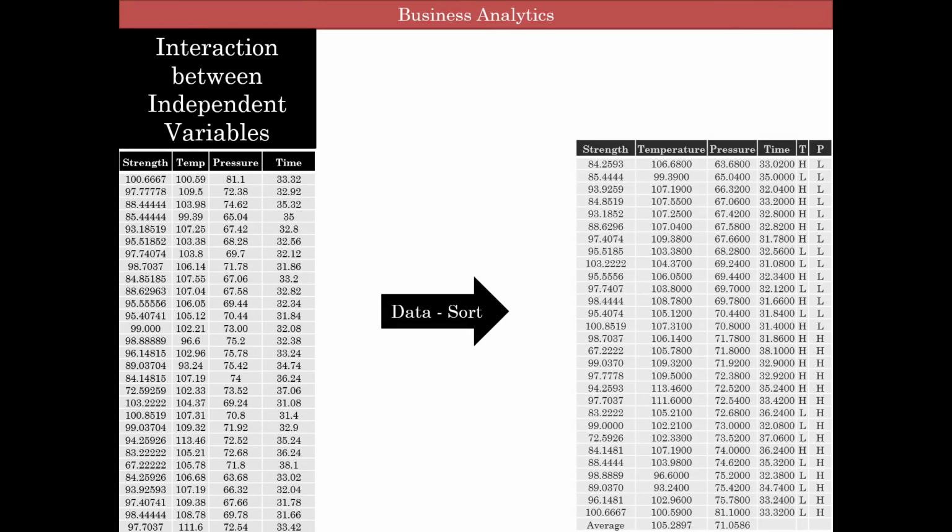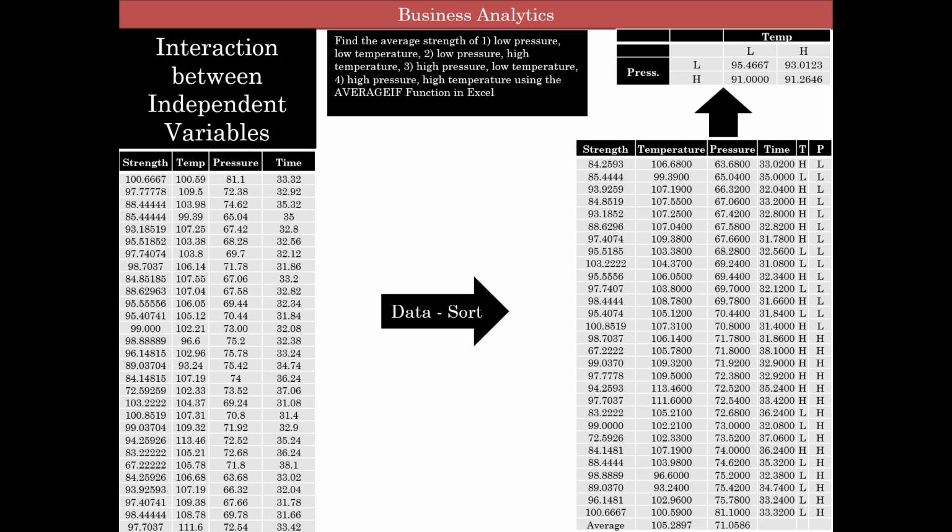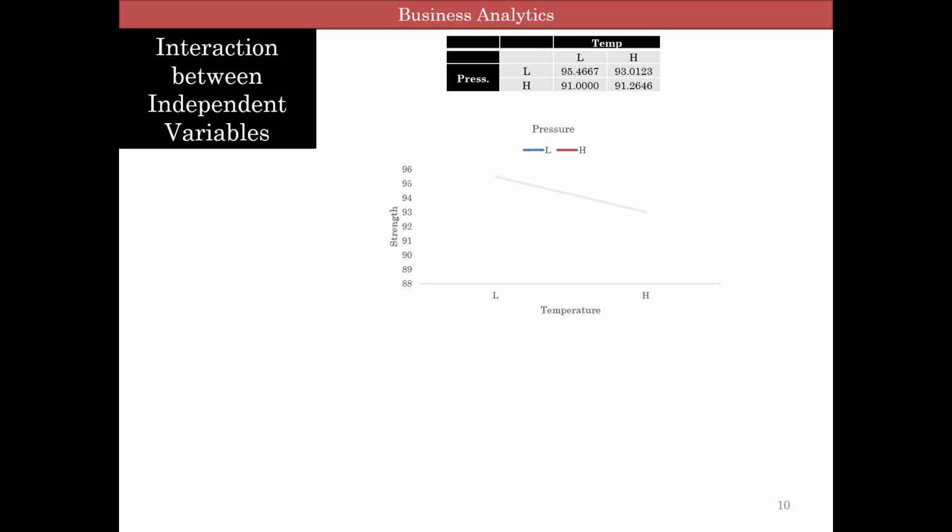So if we go to the interaction effect, this is what we did. We sorted the data first, and then we created this by essentially finding the average strength of low pressure, low temperature, low pressure, high temperature, etc., using the AVERAGEIF function. And here we go. We looked at low temperature under high pressure.